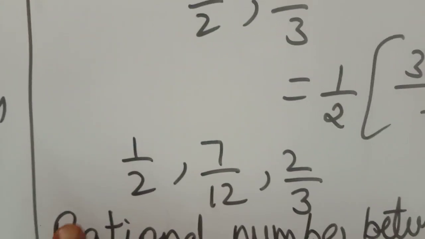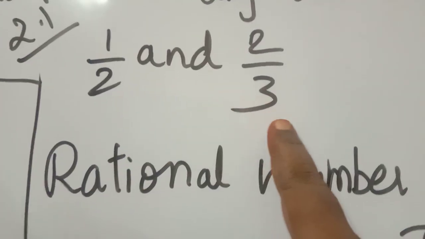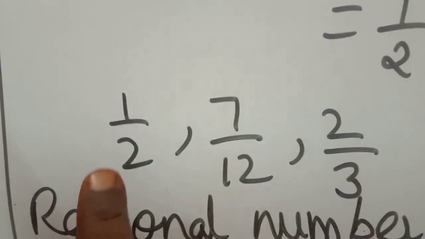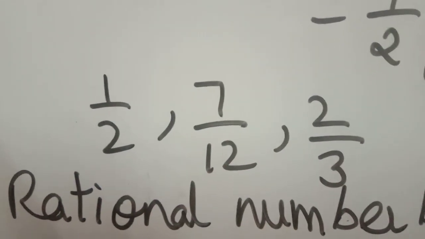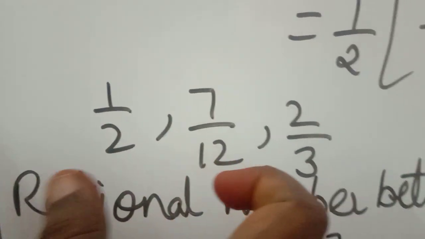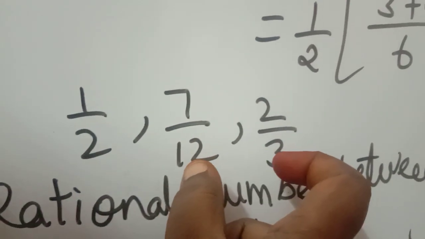So now we have found one rational number between 1 by 2 and 2 by 3. The question is to find 2 rational numbers between 1 by 2 and 2 by 3. Now we have found one number; one more we are going to find. We can find it between 1 by 2 and 7 by 12, or between 7 by 12 and 2 by 3, no problem.